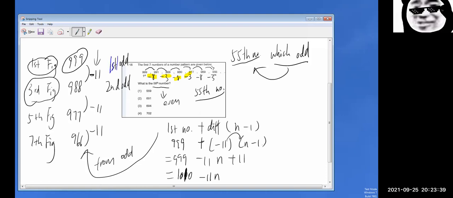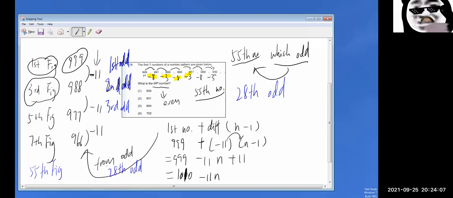So first odd, second odd, and this is the third odd. So the 55th is the 28th odd. So basically the 55th figure is the 28th odd. If it's the 28th odd, then you just put 28 into the formula. So it's 1010 minus 11 times 28. So what's the answer?